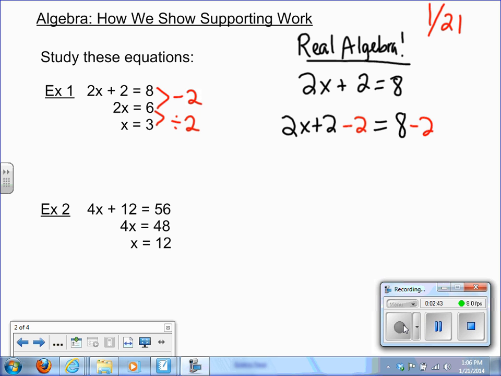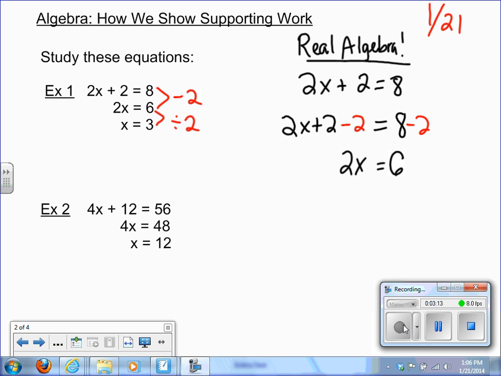And 0 plus 2x, kids, is just 2x. And 8 minus 2 equals 6. So you can see, I'm left with my next line, 2x equals 6. So the only change from what we did was these 2 red take away 2's. Take away 2 from both sides, and we get what we already know, 2x equals 6.